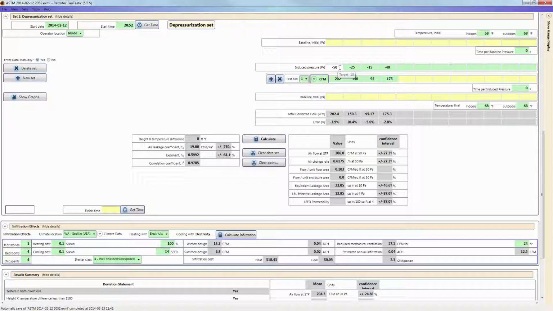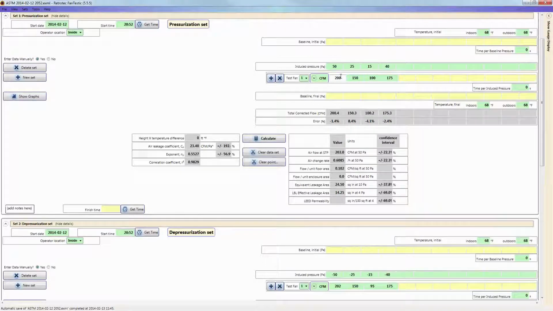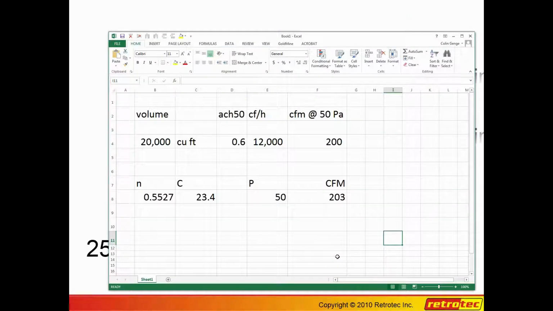We said that we measured at 50 pascals, 202 in this case CFM in the depressurization direction, 200 CFM in the pressurization direction. So these are the values that we used in order to measure the leakage in the first place. So we might ask ourselves, well, how much flow would it take to create 1 pascal pressure? Okay.